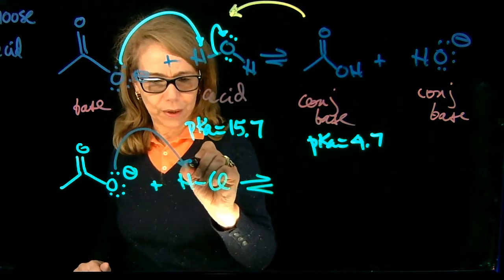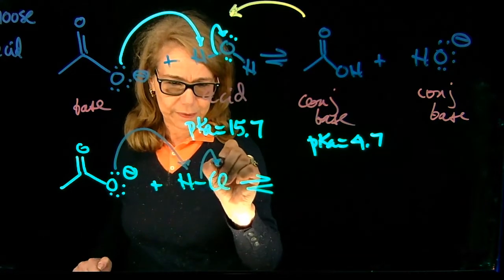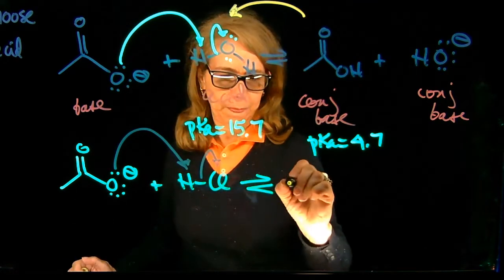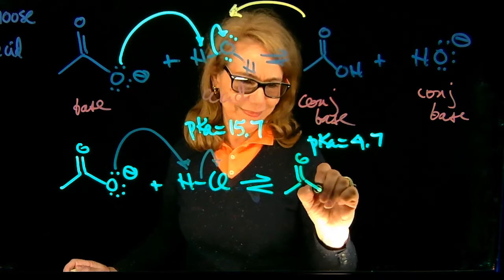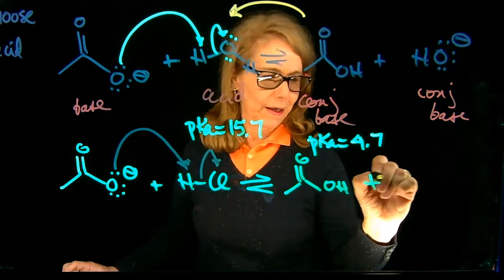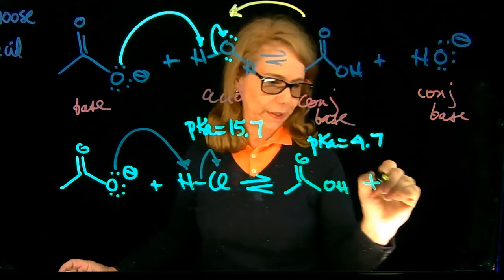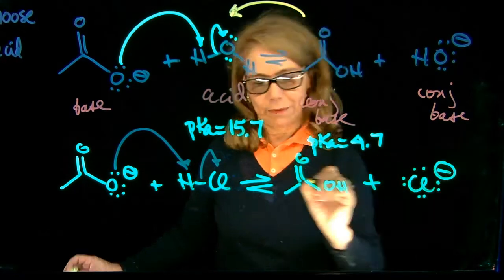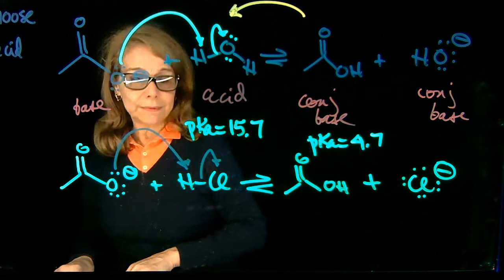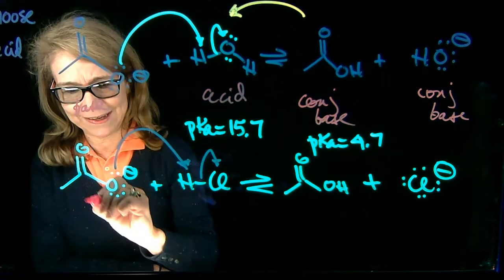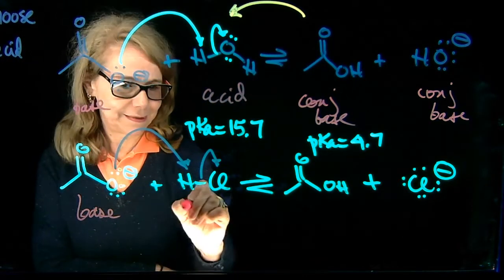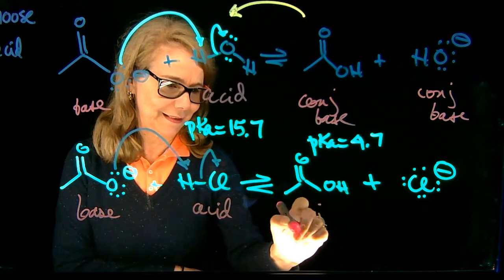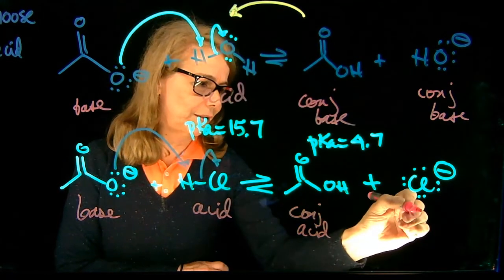The base gets the proton, this bond breaks. And what we're forming here is acetic acid, same product. And by deprotonating here, we're going to get chloride ions. Labeling again, that's my base, that's my acid, conjugate acid, conjugate base.